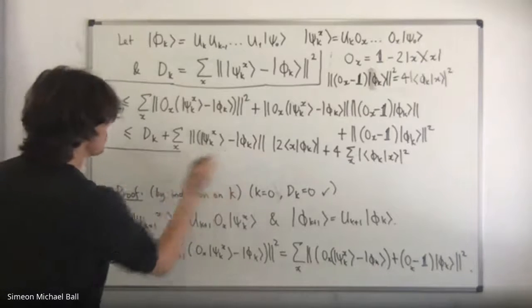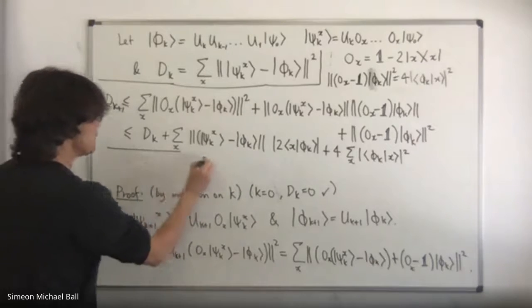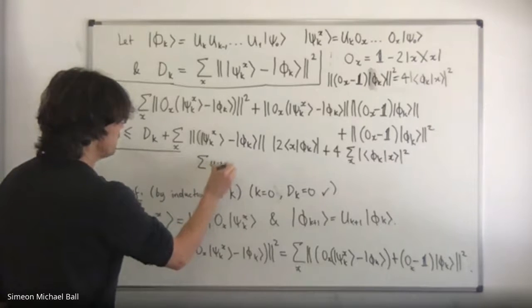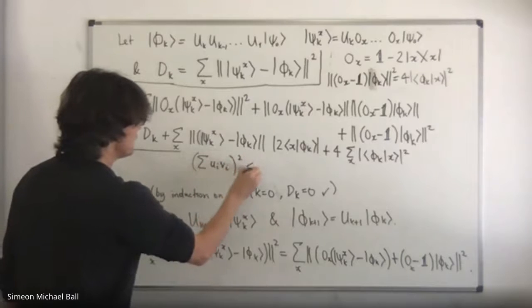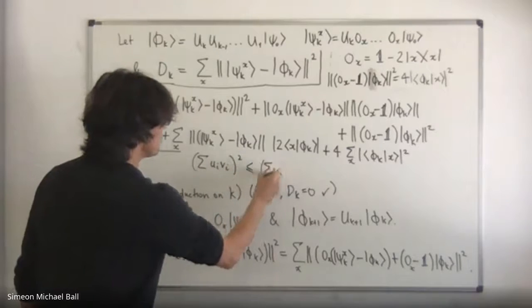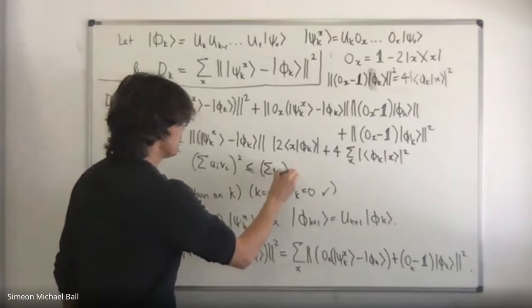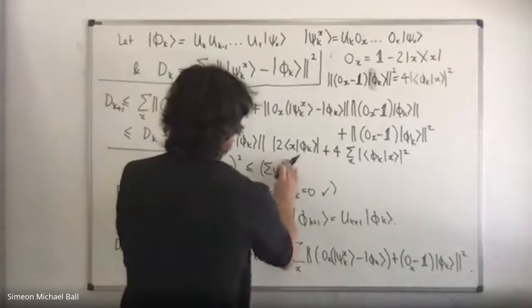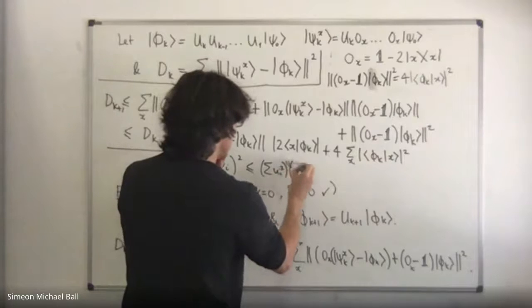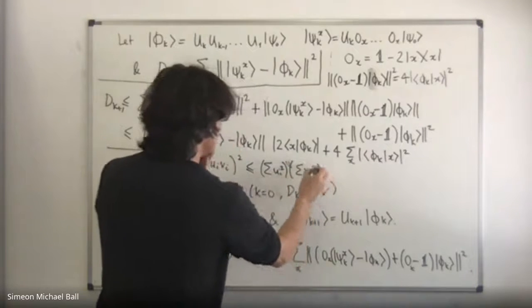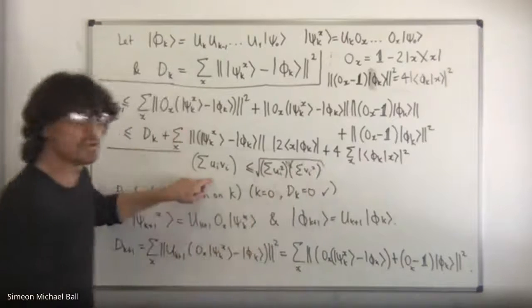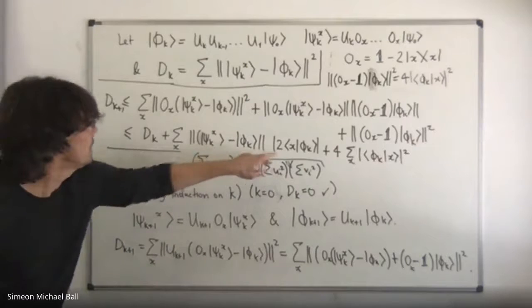Now again by equation 4, we have by the fact that this is the sum of ui vi, all squared is less than or equal to the sum of ui squared, sum of vi squared. So here this implies that this is less than the square root of this. Cauchy-Schwarz again. We can then split this up.